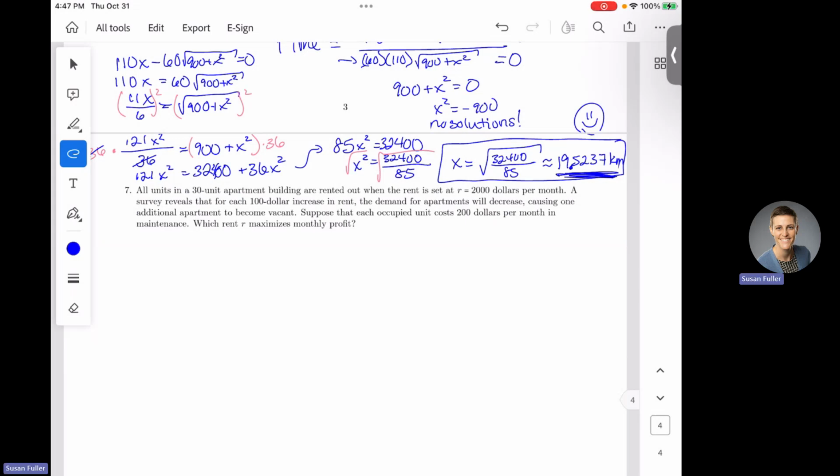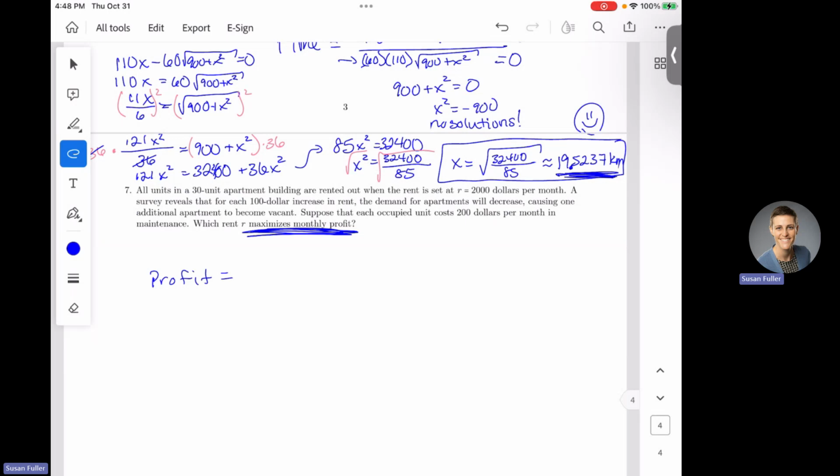Okay, so what are we trying to maximize or minimize here? Yep, we want to maximize profit. That means I'm going to write profit equals, and I'm going to figure out how to get an equation for profit out of all of this stuff.